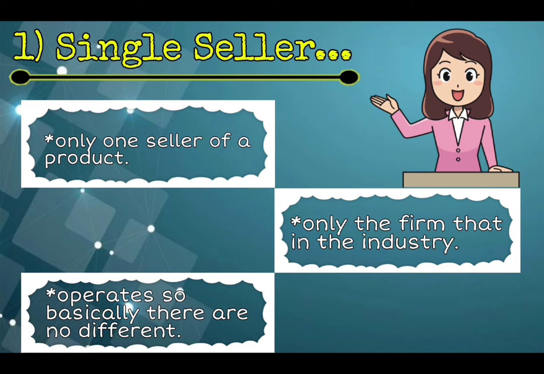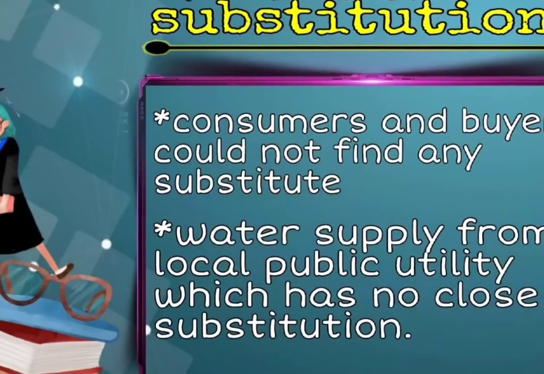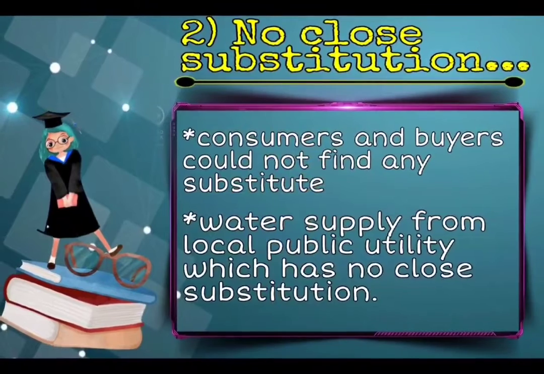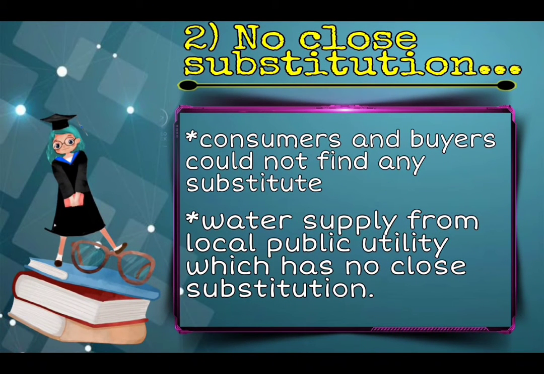A monopolist is a price maker since there is one seller or producer and it has the market power to control the price. Second of the characteristics is no close substitute. The monopoly enterprise sells a product which has no substitute.